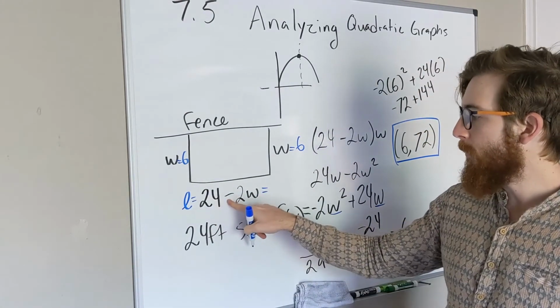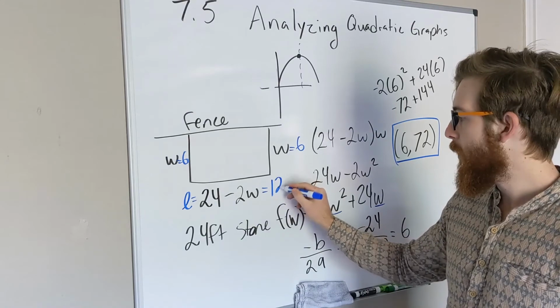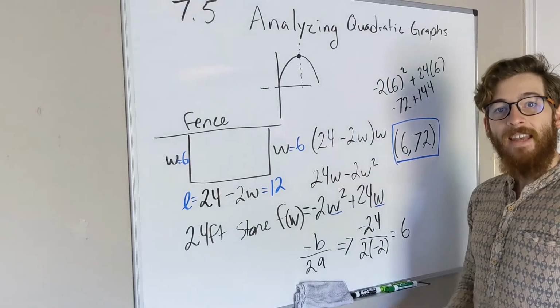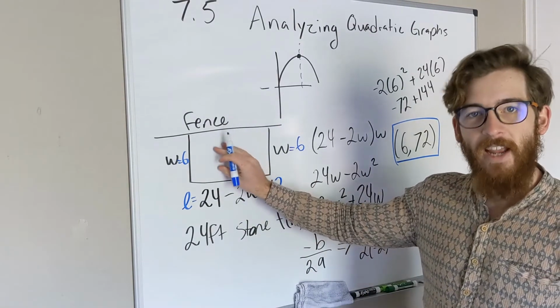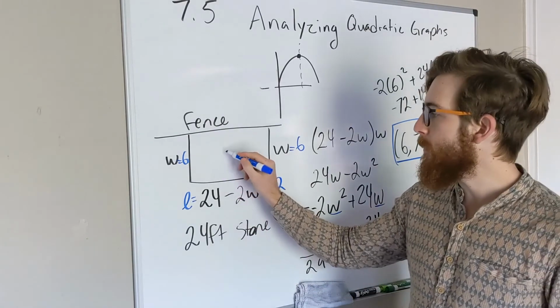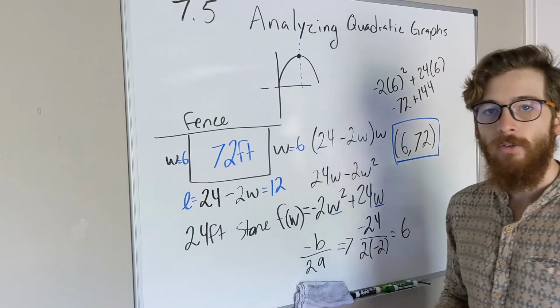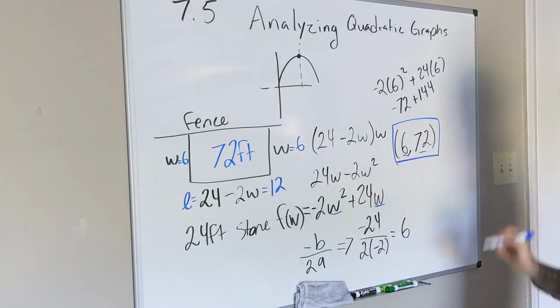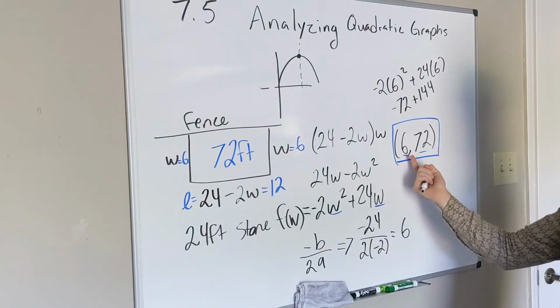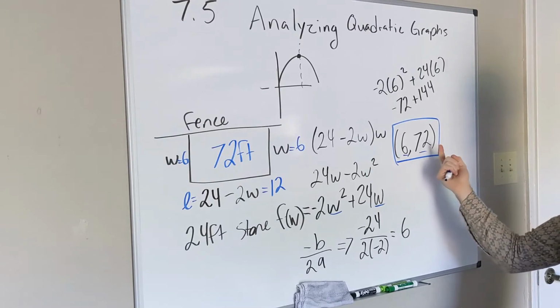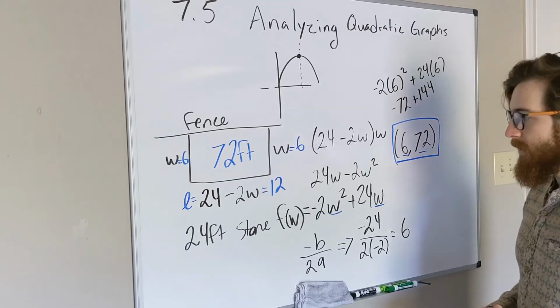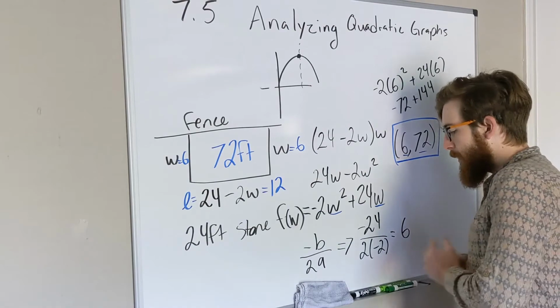Well, 24 minus 12 is 12. Okay, now what is the area of the koi pond for this person's backyard? 72 feet. So it gives us both the dimensions and the area. And so that's one example of how this can be useful.